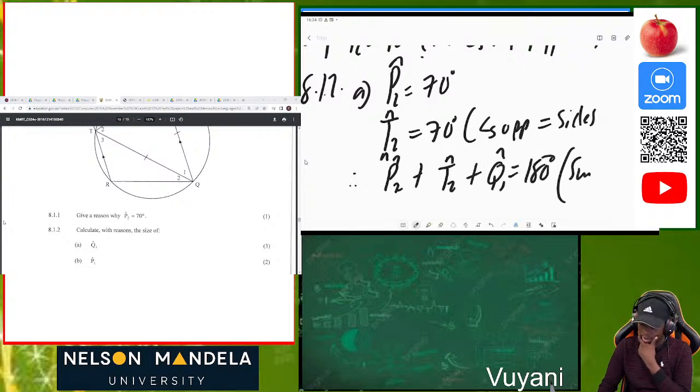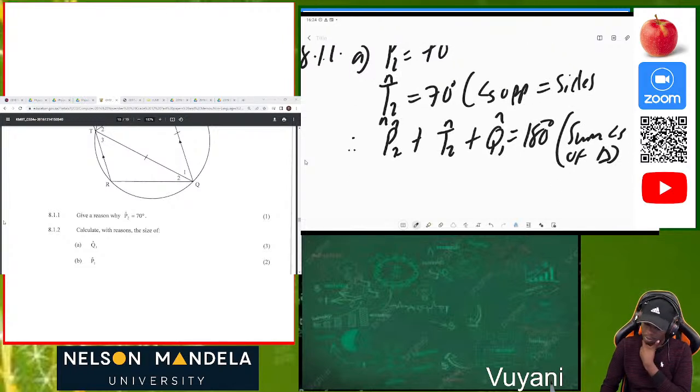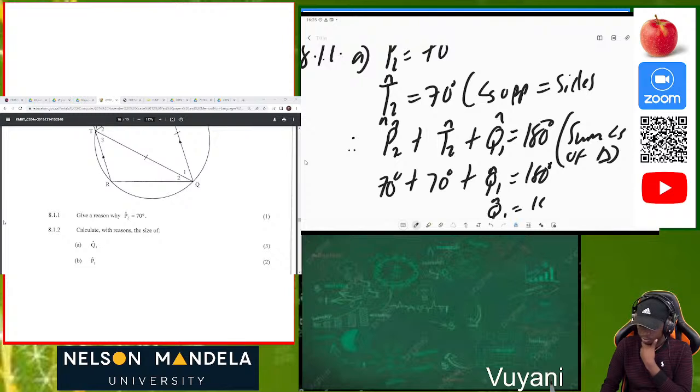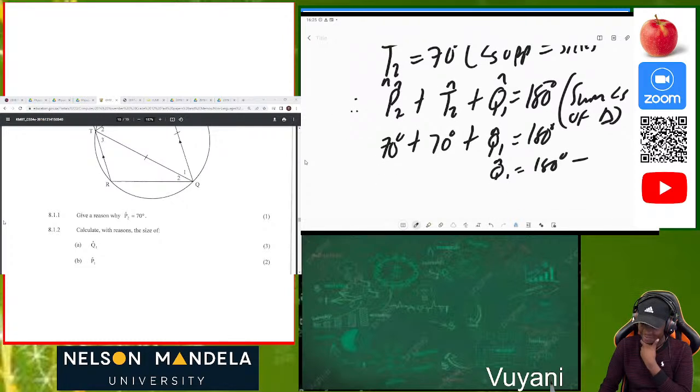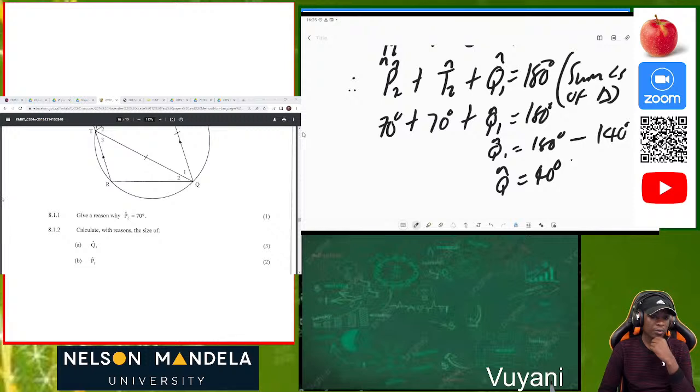Why? Sum of angles of a triangle. P2 is 70, T2 is 70. We must calculate angle Q1. So making Q1 the subject of the formula, it will be 180 degrees minus the summation. 70 plus 70 is 140. So angle Q1 will be equal to 40 degrees.